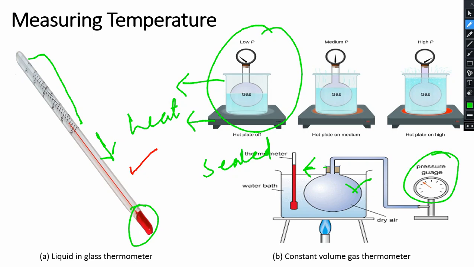The heat will transfer to this round bottle, and in the round bottle the gas molecules will start expanding. When they start expanding, they will increase the pressure. Those molecules will collide with one another and increase the pressure. As a result, in this gauge you will see how the pressure is rising.